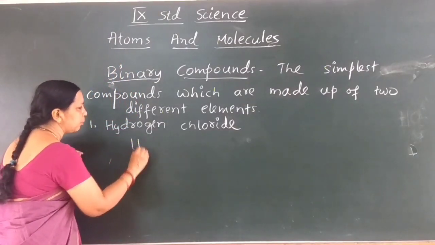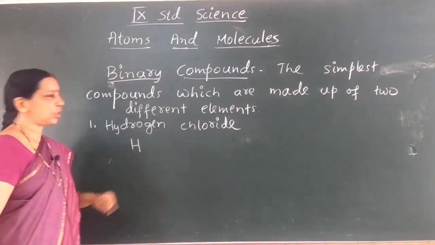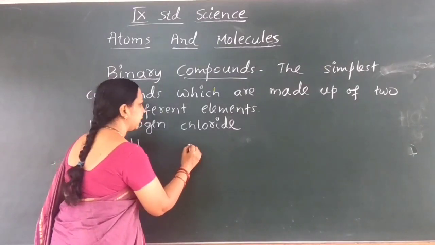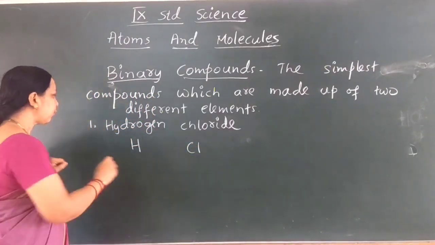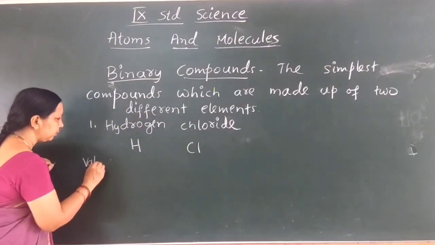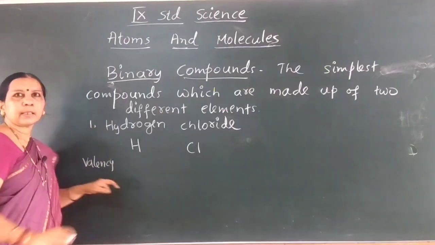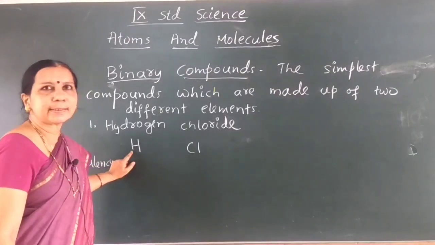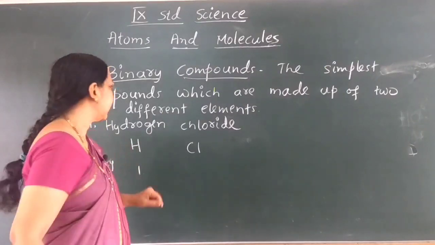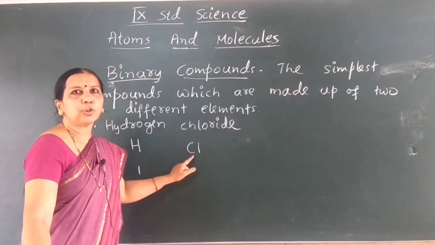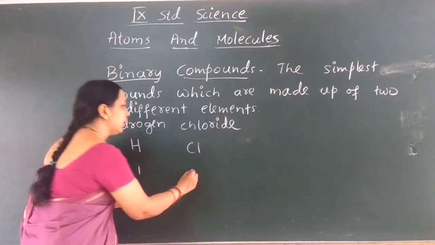Hydrogen. Let us write the symbol. Hydrogen H, and another element present is chlorine Cl. Now let us write the valency of the elements present. Valency of hydrogen is 1. You have learnt in your previous class. And valency of chlorine is also 1.